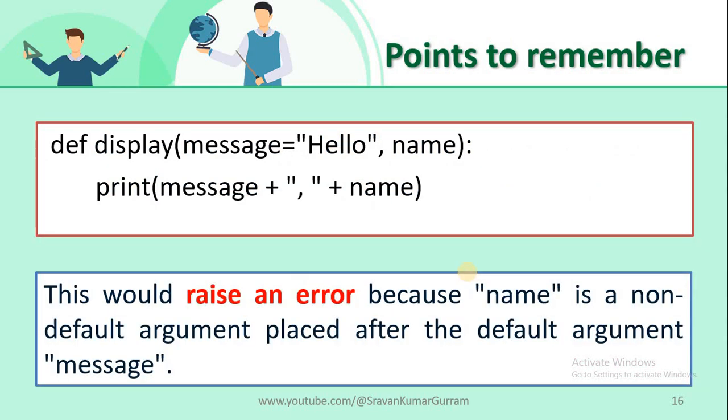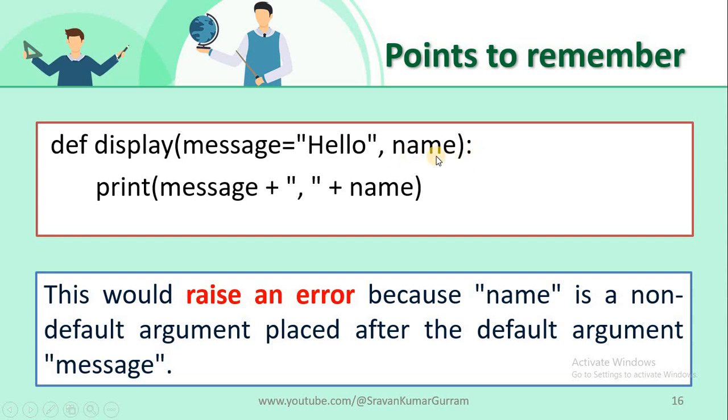See, for example, I have a function with message assigned hello. What is this? Default argument. Message is a parameter name. The default value of that parameter is hello, if you are not providing one. Comma name, and print message will be printed. The message value will be printed here, concatenated with comma plus the name. If you write the definition statement like this, that raises an error because name is a non-default argument.